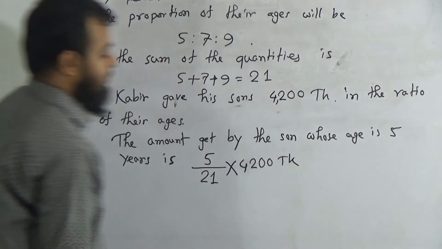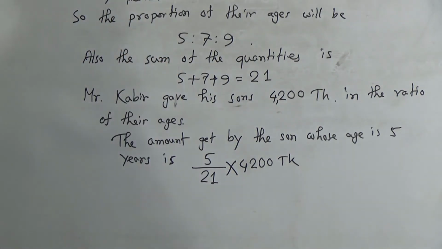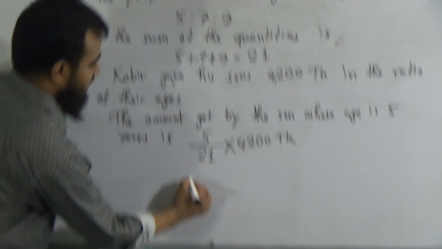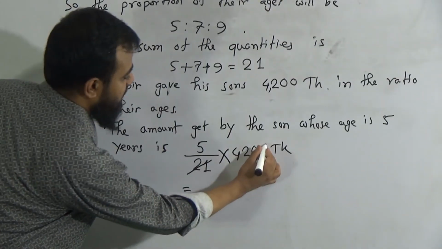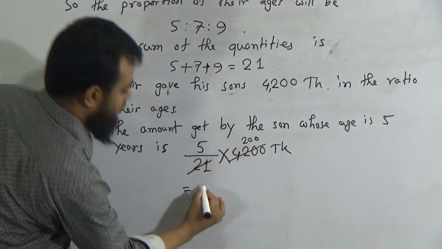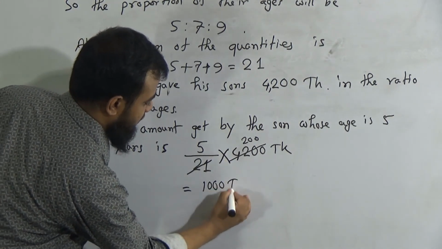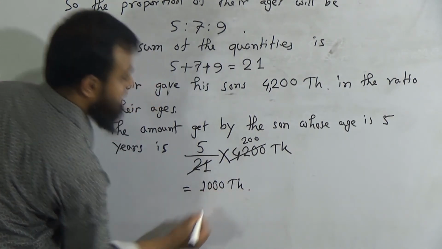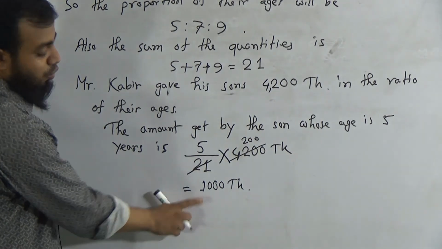That's equal to, 21 cut by this one, we can write 200. So it's 1,000 taka. The son whose age is 5 years got 1,000 taka.